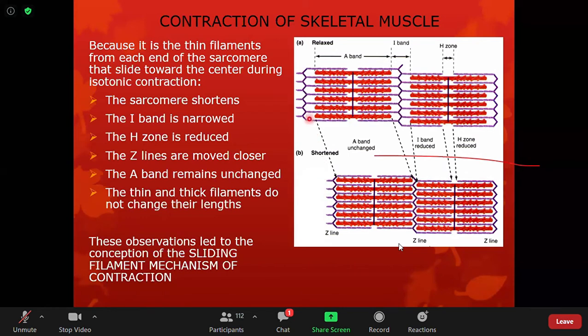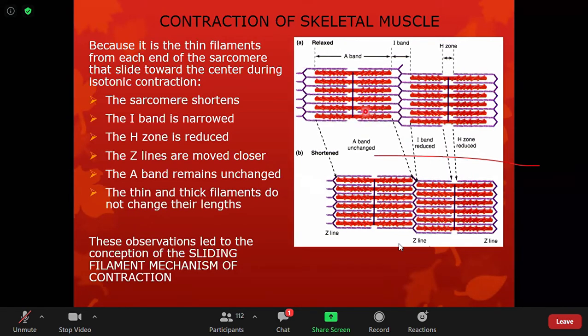This I band is narrowed, okay? The H zone is reduced. Notice the Z lines are moved closer. Your Z lines, they are moved closer. The A band, this is your A band.